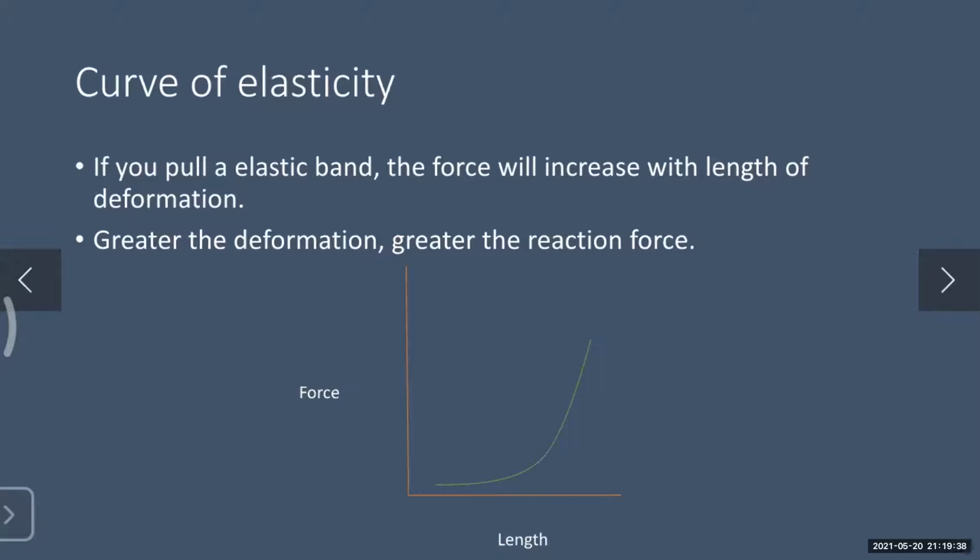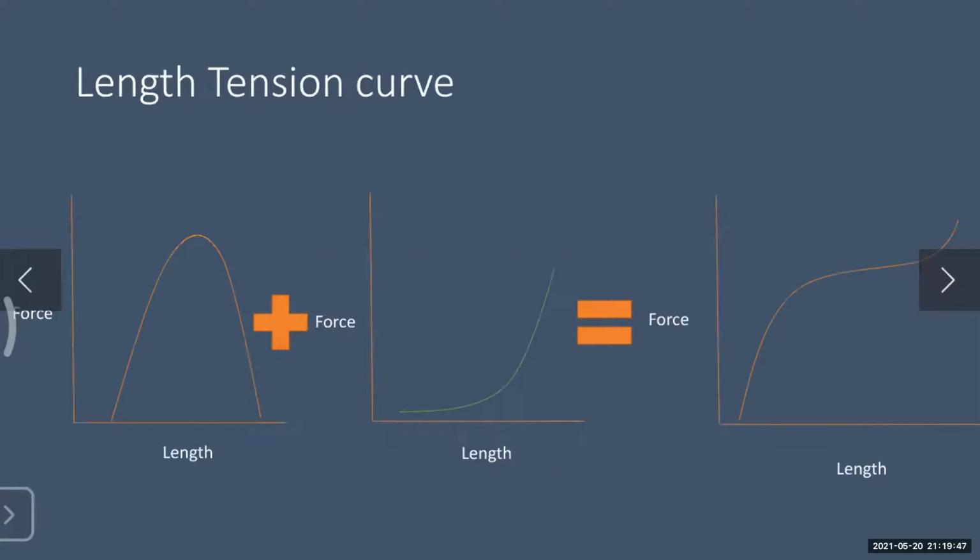Up to a certain point it changes slowly, and the more you pull it, the more force it makes. So when you move the muscle, your actin myosin bridges contribute to the force, and you see the first curve. Then as you keep pulling and the length keeps increasing, you have a curve of elasticity.